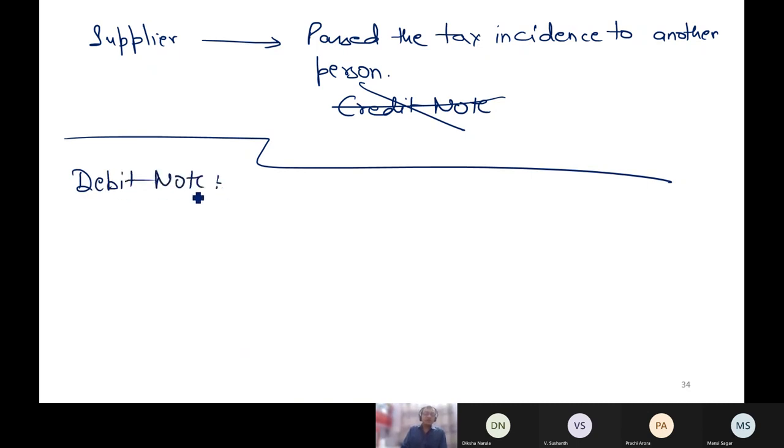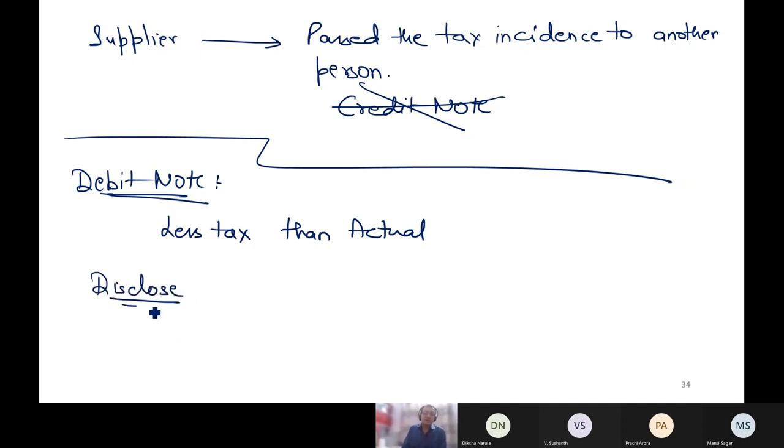Just like I can make a mistake of charging higher tax, there can be a mistake of charging less tax than actual. So government says when you have charged less tax, then issue the debit note and charge the extra tax. Here government is very clever, because in a debit note government is losing the revenue, so they want to collect it as soon as possible.